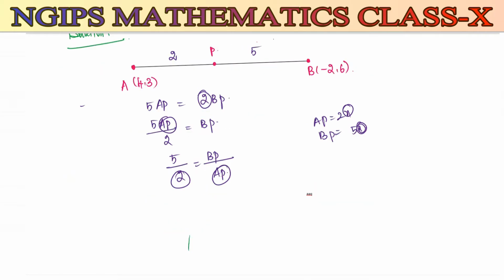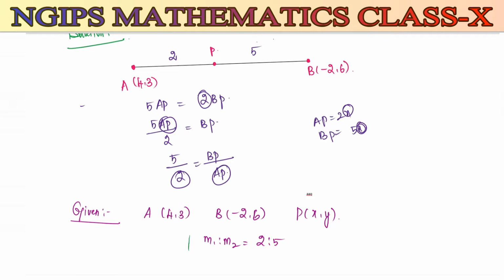I am going to write the given conditions. Given here A point is 4 comma 3, B we have minus 2 comma 6, and point P we need to find x comma y, but we have the ratio m1 is to m2 is equal to 2 is to 5.